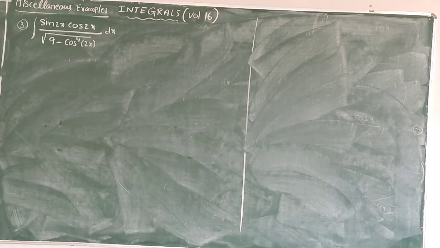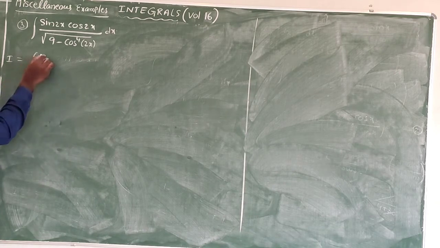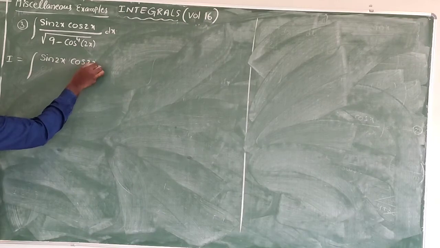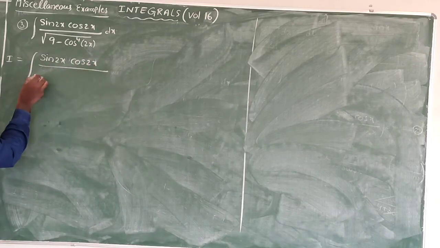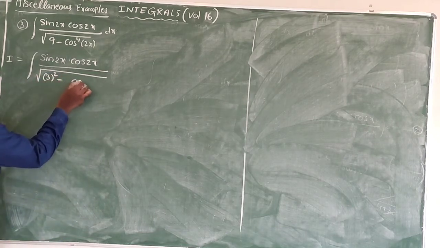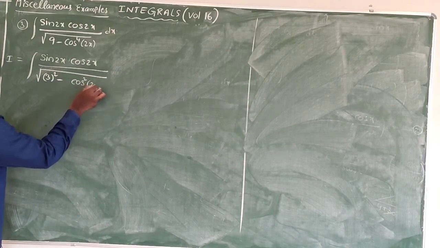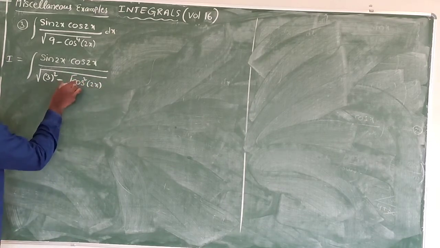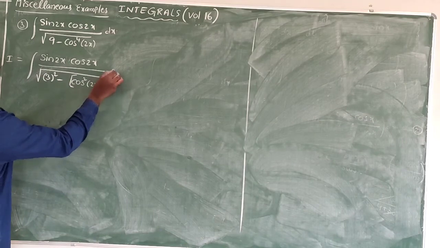Okay. Listen how to find this value. This can be written as I equals integral sin 2x cos 2x by under root of 9 can be written as 3 square, minus cos power 4 2x can be written as (cos square 2x) whole square.